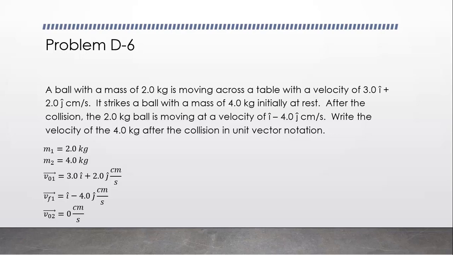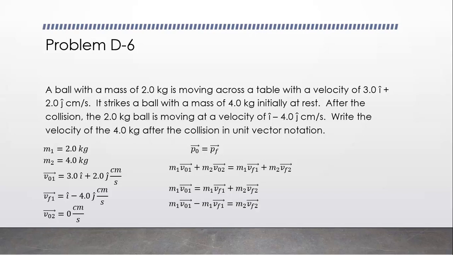m1, m2, v initial 1, v final 1, and v initial 2. If I say initial momentum equals final momentum, I can say m1 v initial 1 plus m2 v initial 2 is equal to m1 v final 1 plus m2 v final 2. And it's really v final 2 that I'm looking for. Since v initial 2 is 0, m1 v initial 1 is equal to m1 v final 1 plus m2 v final 2.